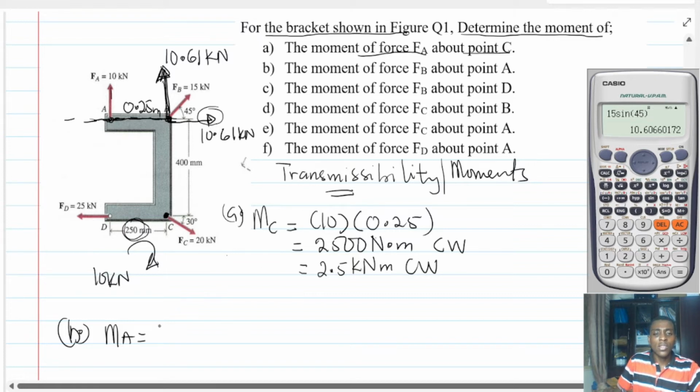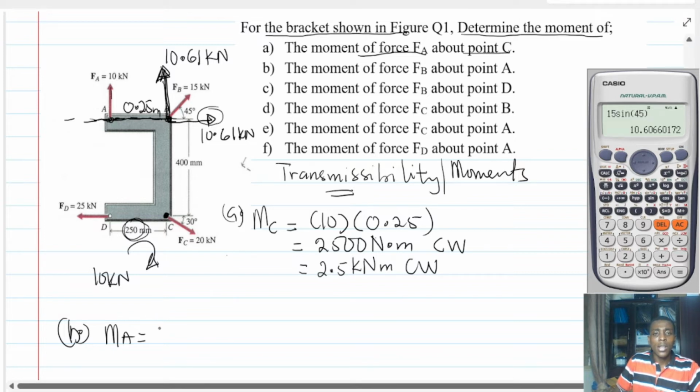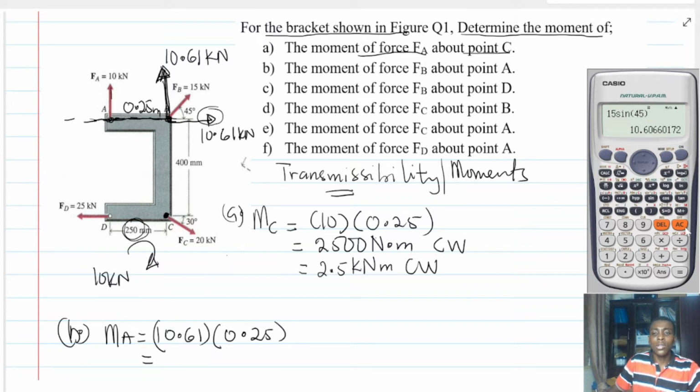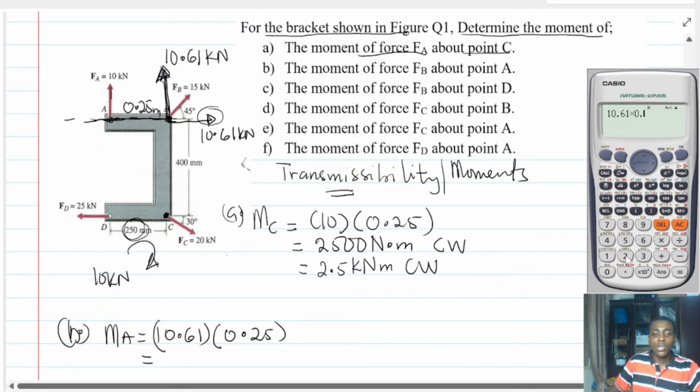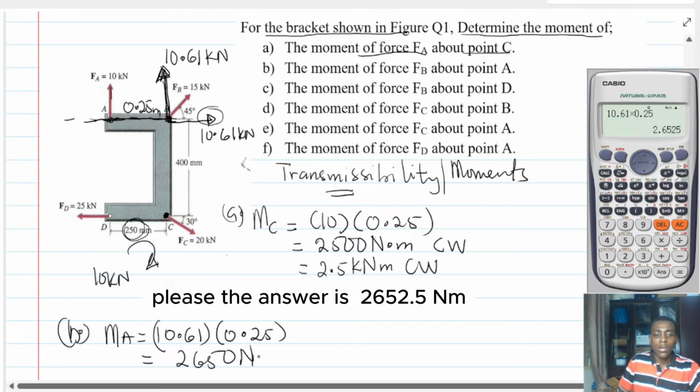Therefore, the moment of FB about A is going to be 10.61 multiplied by 0.25. And the answer is going to be 2.65 kilonewton meters, or let's say 2,650 Newton meter.